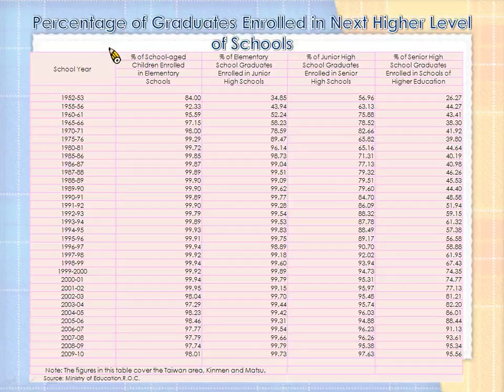The enrollment rate also increased over time as the economy developed. Okay, and here it reached almost 95% today. So that's a very high enrollment rate, which means that 96% of the senior high school graduates also enter into university and college.